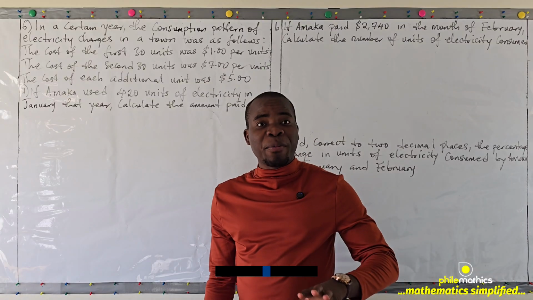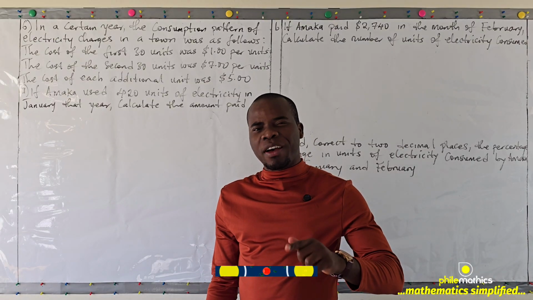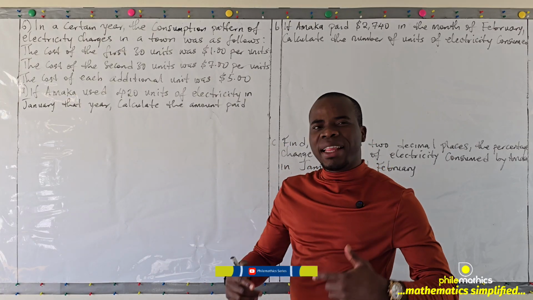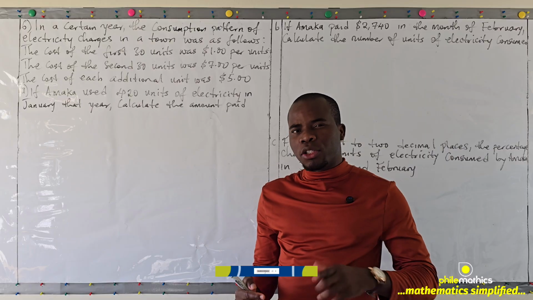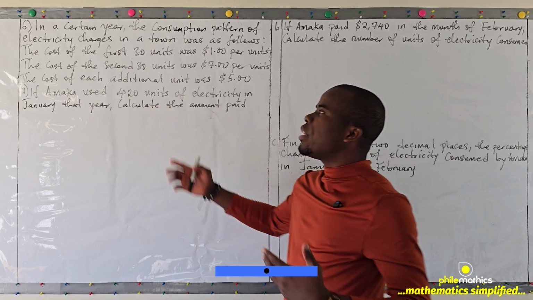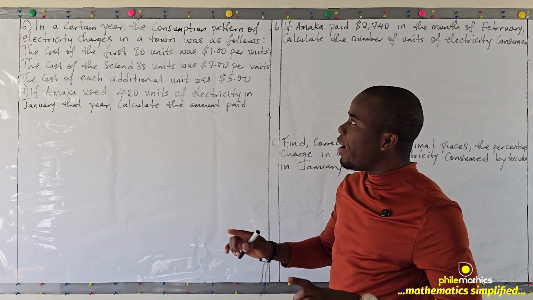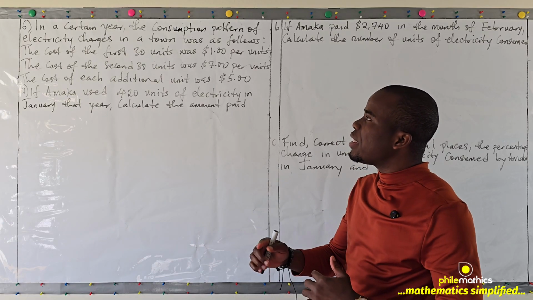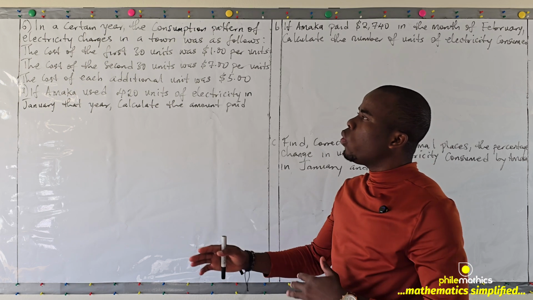The 6th problem of WAEC 2025 theory mathematics is a problem on electricity bills, and it's good you know how your electricity bills are being calculated. So the question says, in a certain year, the consumption pattern of electricity charges in a town was as follows.